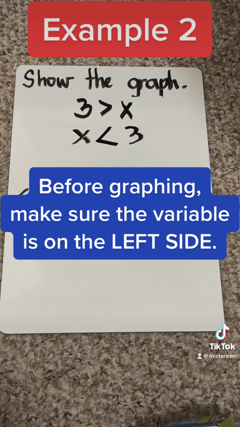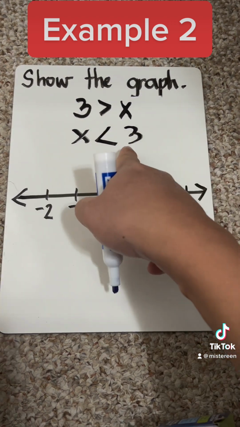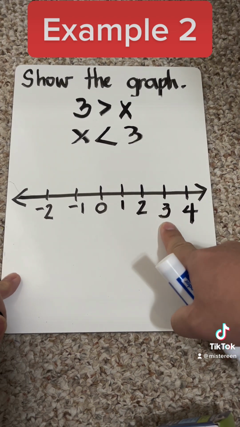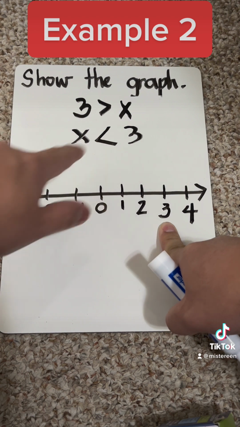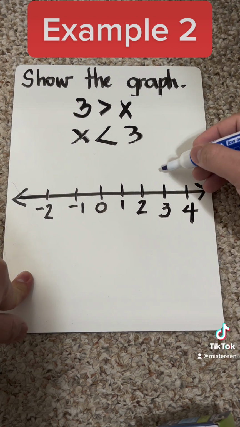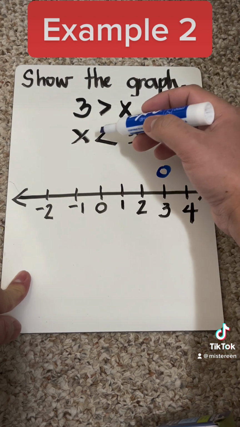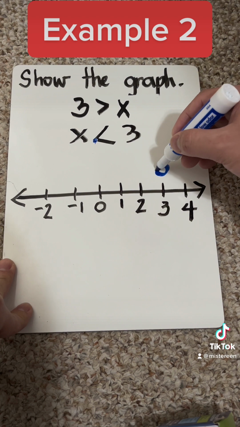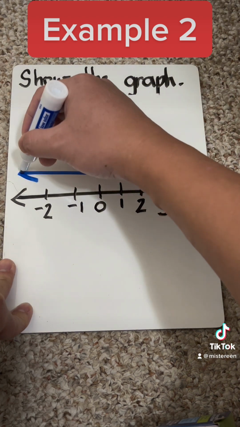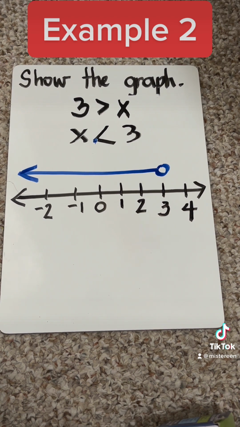Now, because the variable is on the left side, we can graph. We go to the number 3 and determine if this is an open or closed circle. The symbol is less than, so from our guide, that's an open circle. And it's a less than, so the pointed part is towards the left. We make a ray all the way to the left with an arrow. So that's the graph of this inequality.